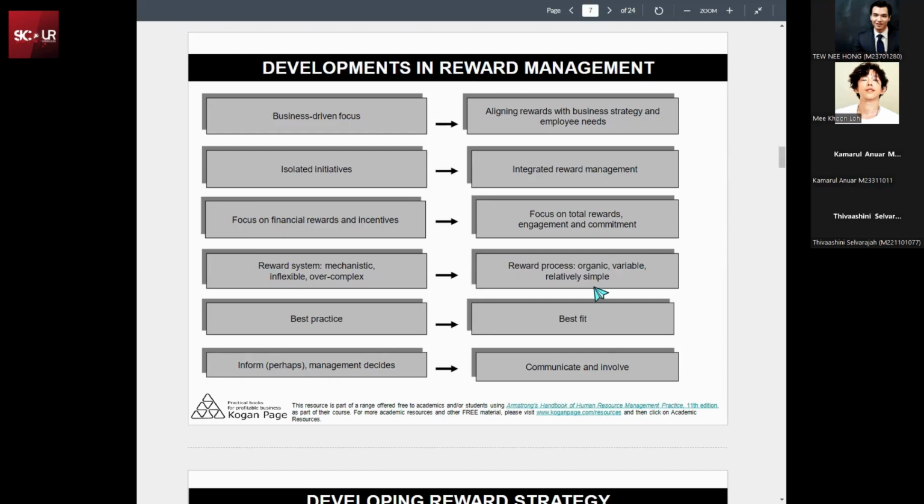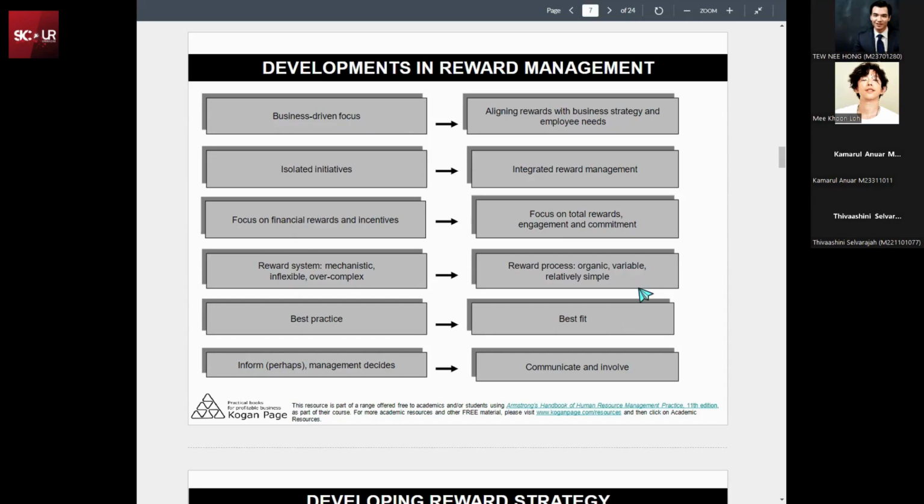And then from the mechanistic, static reward strategy, we want to have a process that is organic and relatively simple, with minimum variables in the evaluation process to measure.